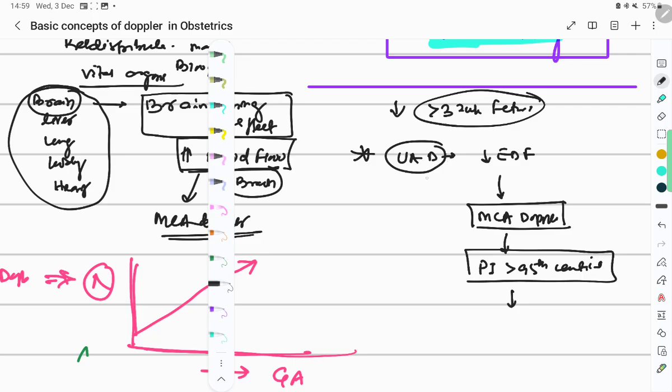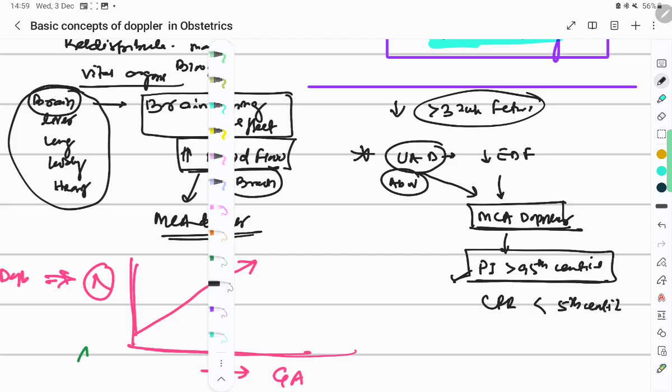So if the umbilical artery Doppler is abnormal, then we'll go for MCA Doppler, and we'll check if the MCA Doppler PI is more than 95th centile or CPR is less than 5th centile.